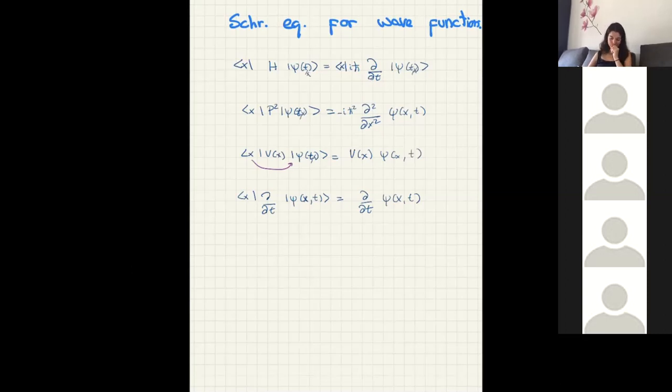Okay, so overall, if now we take the full Schrödinger equation, we'll get the following. And you can do it explicitly, but it's really just taking all these terms.